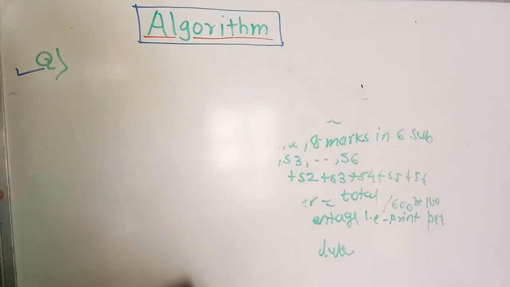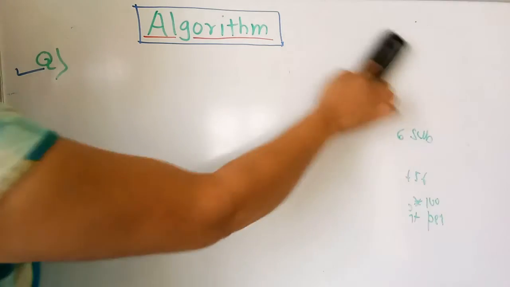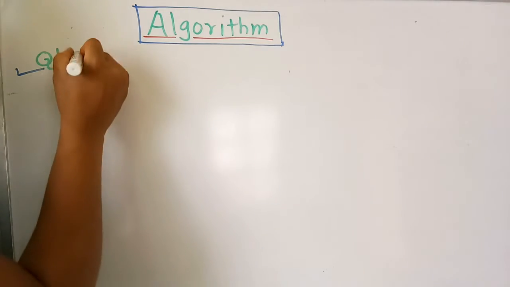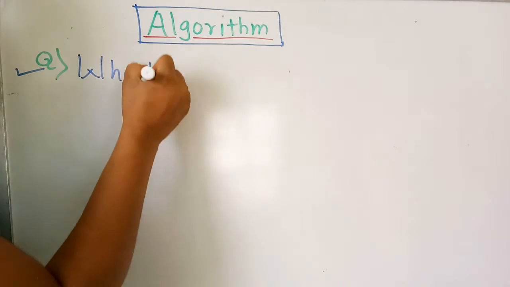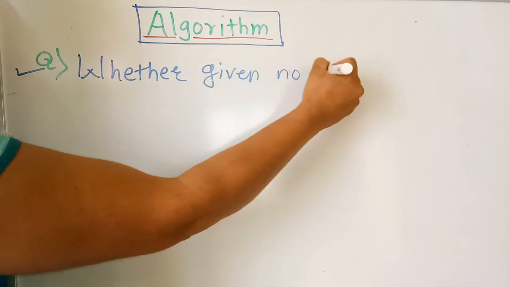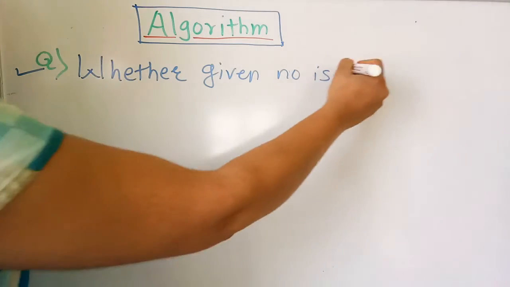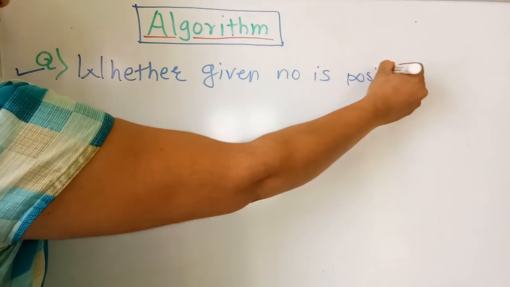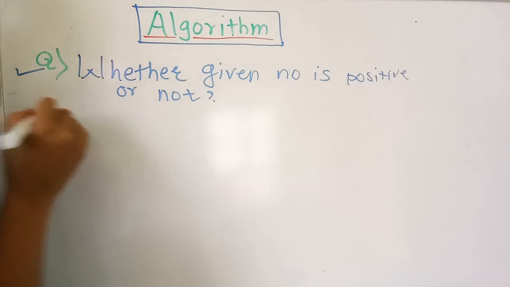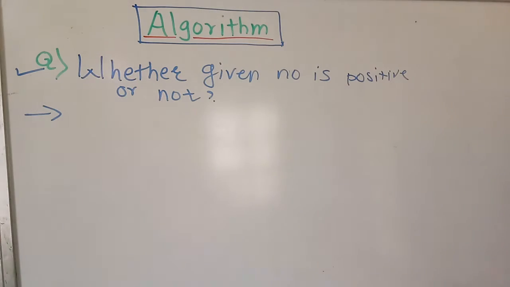We will take another statement for writing an algorithm: write an algorithm to check whether a given number is positive or not. We have to write the algorithm for this problem statement.